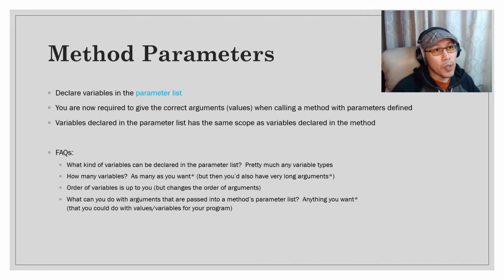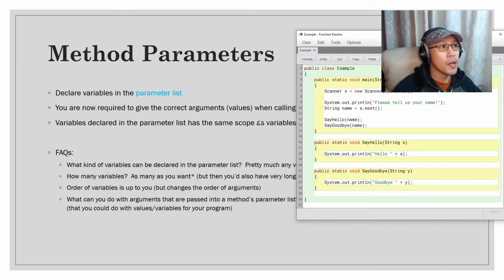The order of the variables is up to you, but when you change the order of variables, you also change the order of arguments. And what can you do with the arguments that are passed into a method's parameter list? Technically, anything you want, anything that you can do with the values and variables in your program. So let's explore a few more things on this.